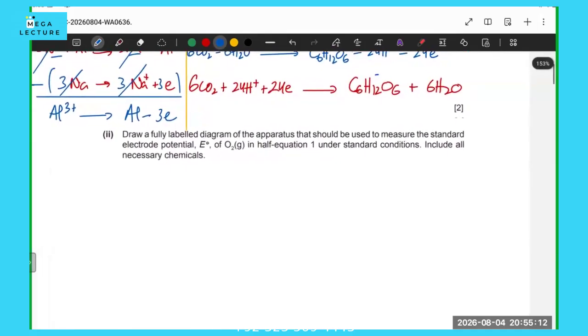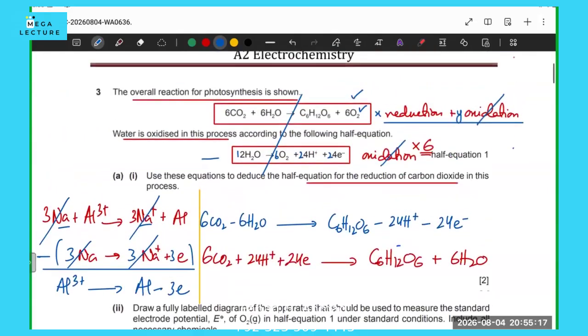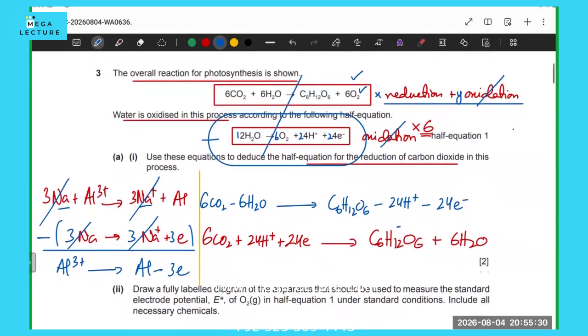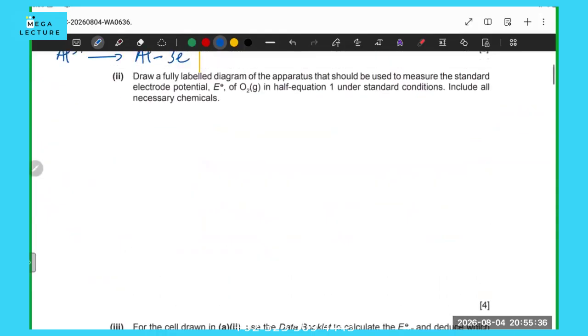अच्छा, then you have E naught half equation 1. तो वो कह रहा है कि कोई इलेक्ट्रोड है, ये O2 वाला, वो कह रहा है इसके इलेक्ट्रोड को बनाओ. So this electrode is oxygen and an acid, और तो किस तरह का होगा? मतलब gas जब भी होती है, it's a gas electrode, right? So fully labeled diagram that should be used to measure the standard electrode potential of half equation 1, right?